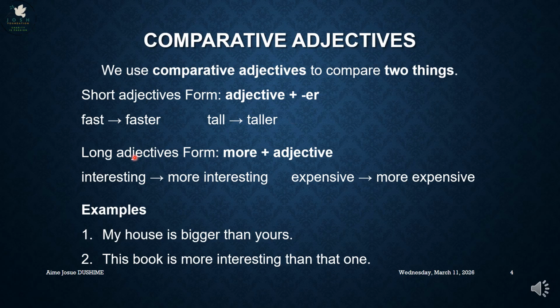And when we say a long adjective form, this is made of more than one syllable. If you don't remember how to detect a syllable, you can go back to the A2 lesson about adjectives, comparative adjectives and comparative adverbs, so that you can know a simple meaning of a syllable. Simply, a syllable is a way we read the word, the sounds that we make.